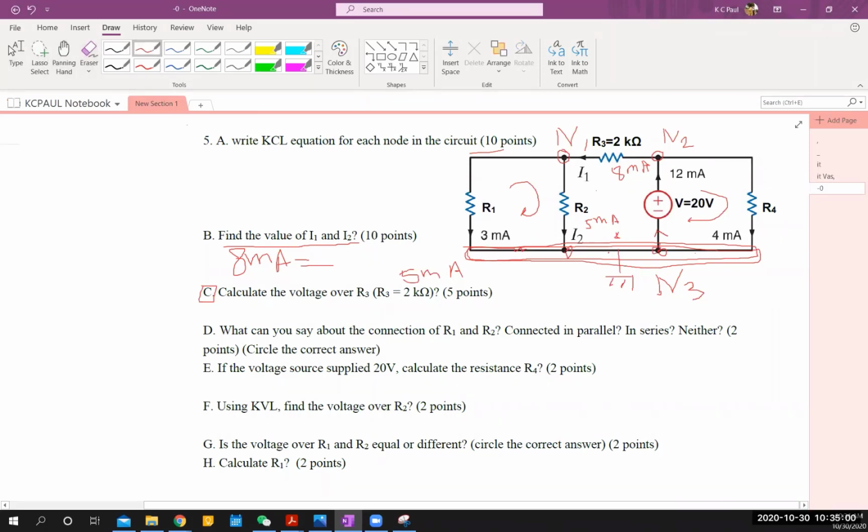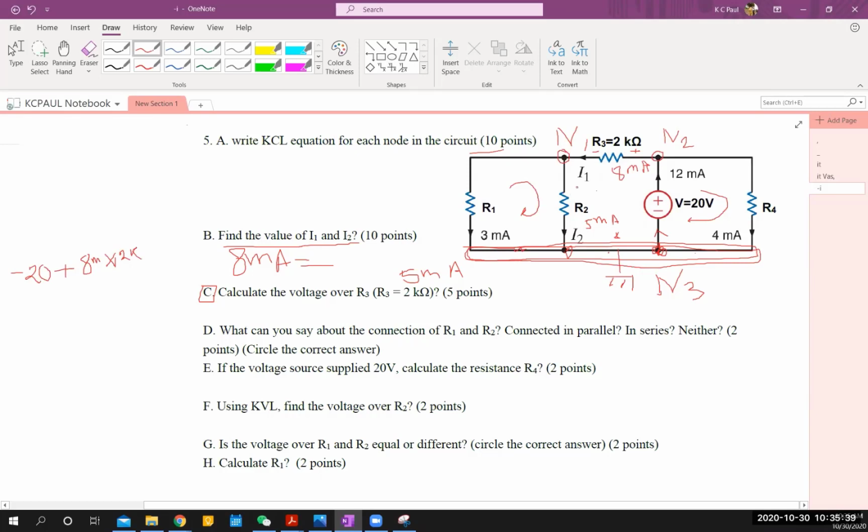So start from this node 3 and you see a voltage source right here. So minus 20, you got that right. And then this current I1 is flowing from right side to left side. So what is the symbol here? Plus here and minus here. There is a voltage drop, but it's a plus, right? So plus 8 milli times 2K.